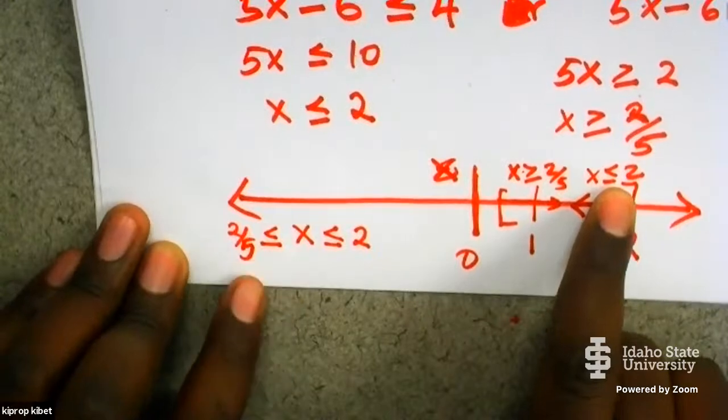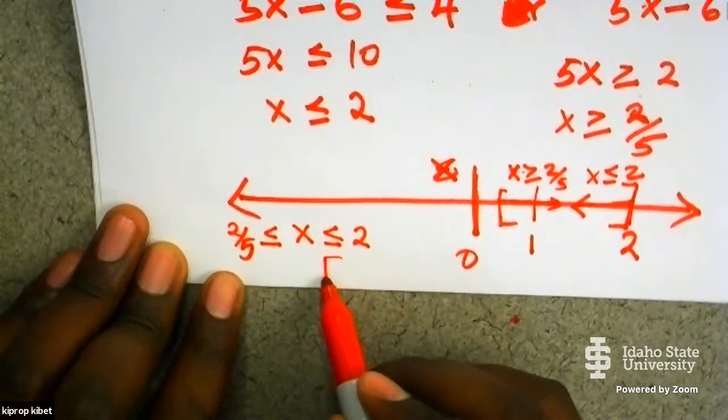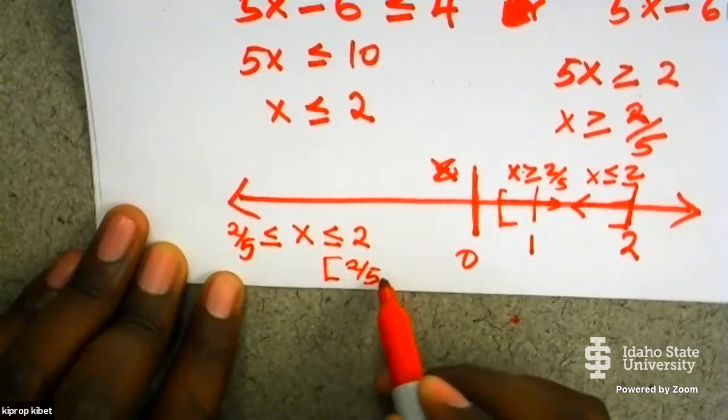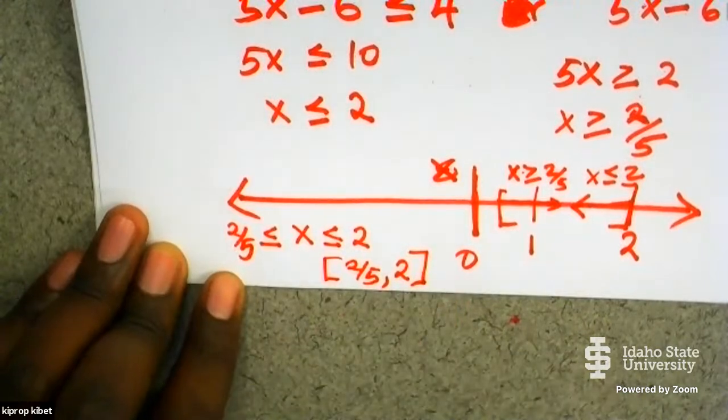Then our interval notation will be what? Brackets 2 over 5, comma 2, then brackets.